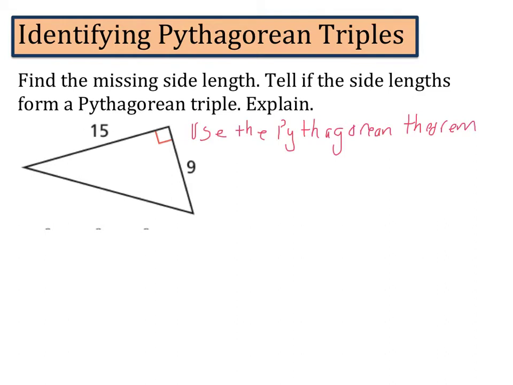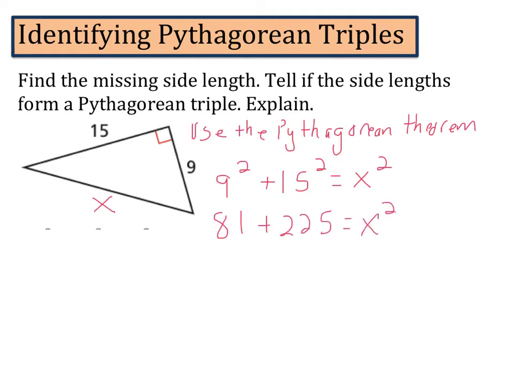So I have 9 squared plus 15 squared equals, and I'm going to make my hypotenuse x, since I don't know that. Well, I know that 9 squared is 81, and 15 squared is 225. So I add these two numbers up, and I have 306 equals x squared.